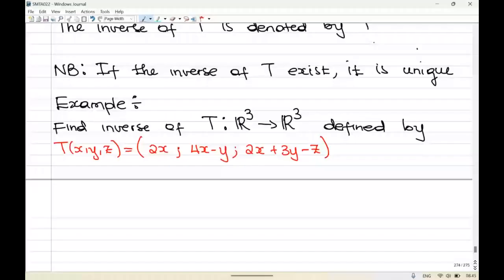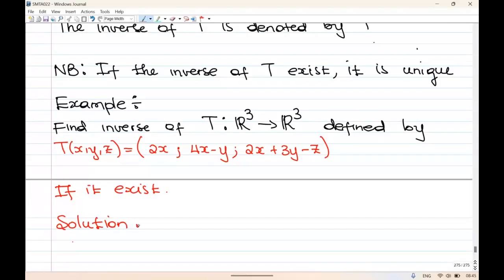We must find if the inverse of this exists, if it exists. Are you ready, colleagues? Can we start? Yes.